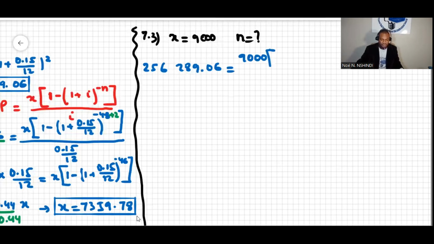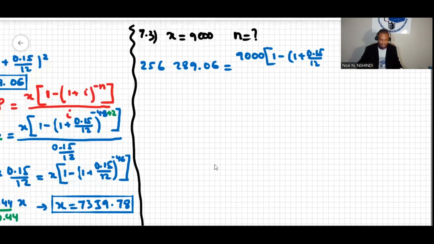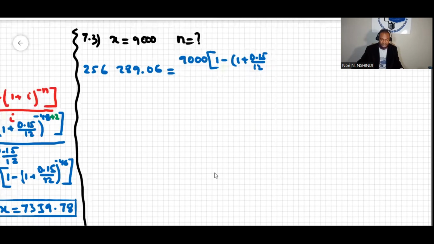9,000 open brackets 1 minus open brackets 1 plus 15%, so 0.15 over 12, all to the power of negative n, all over 0.15 over 12.